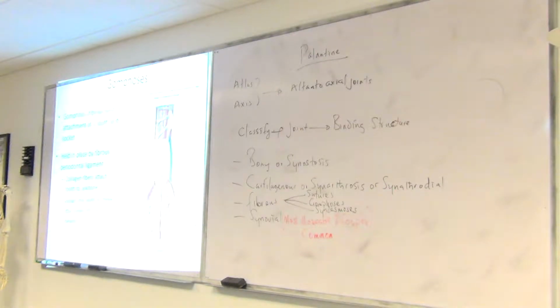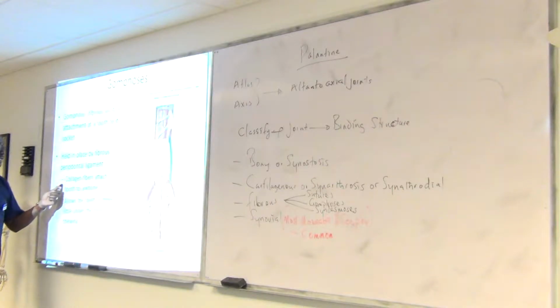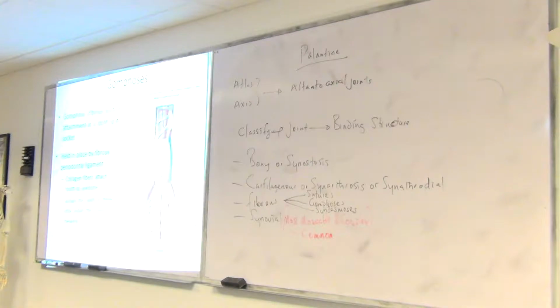The collagen fibers are pretty short and they are all attached there. Because of the periodontal ligaments, the tooth is allowed to move a little under stress, like when we are chewing something.